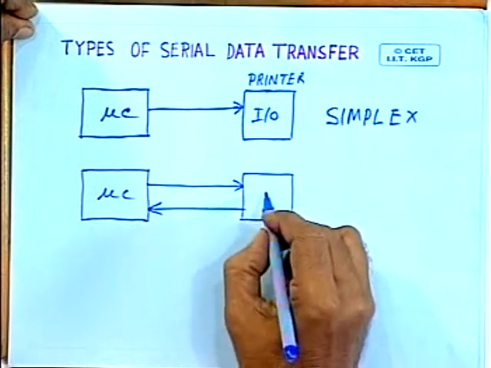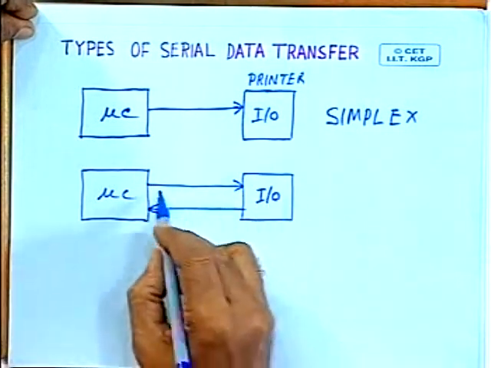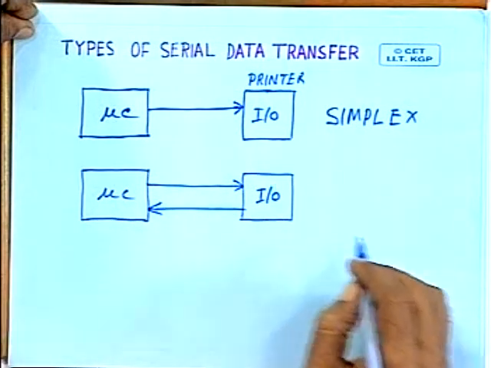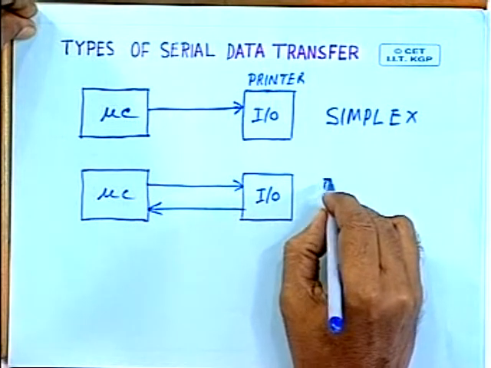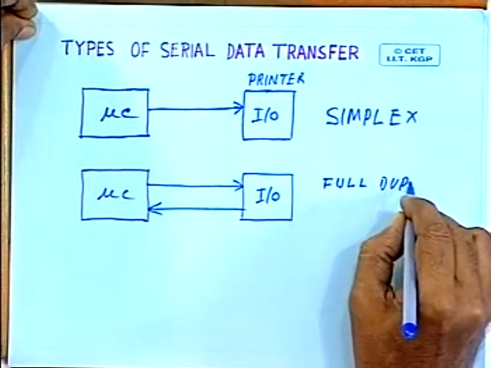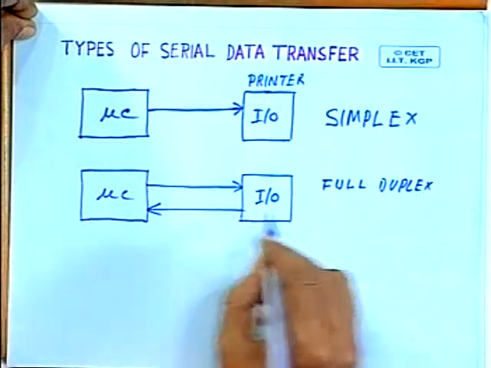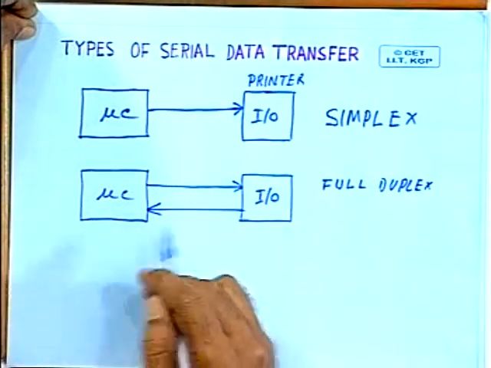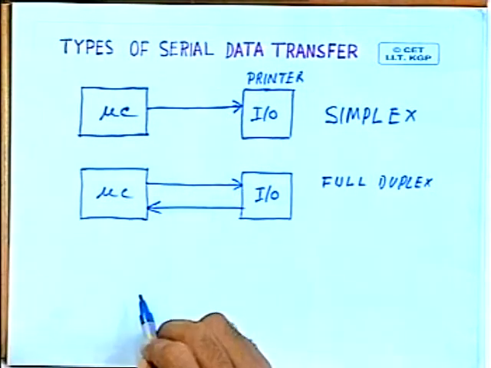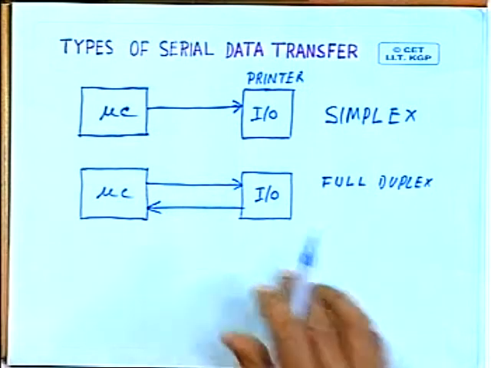So in such a case, the I/O device is communicating in both directions with the microcomputer, and this particular technique is known as full duplex, where simultaneous data transfer in both directions is possible, obviously in serial form, bit by bit. So this is known as full duplex.